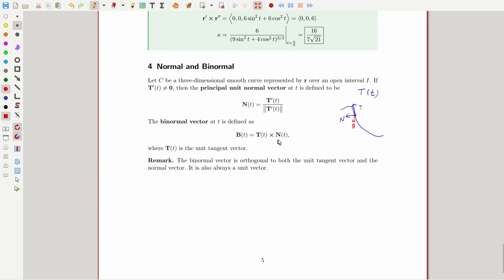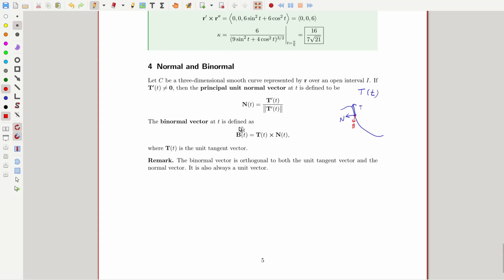Well, because these guys are by definition going to be perpendicular to one another, the fact that they are perpendicular is because to define N, we take the time derivative. So these two vectors are perpendicular to each other and of length 1, which means that the parallelogram spanned by the two is going to be a unit square.